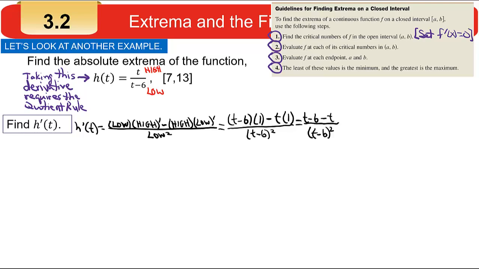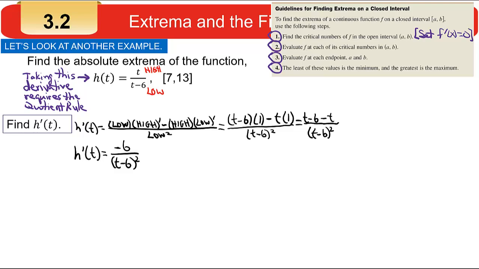Simplify that, easy simplification. You get t minus 6 minus t up top. T minus t is going to be 0, so you end up with the derivative of h is minus 6 all over t minus 6 quantity squared.